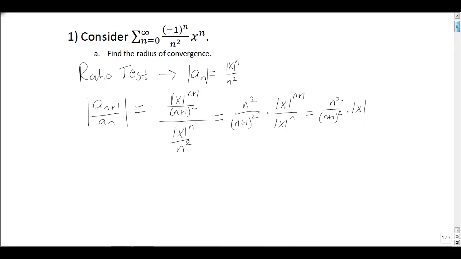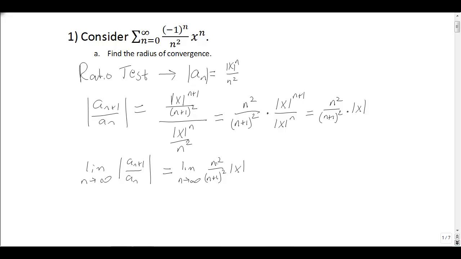And then what I'm going to do is take a limit as n goes to infinity of the absolute value of the ratio of consecutive terms of our series. So that's the limit as n goes to infinity of n squared over n plus 1 squared times absolute value x. N squared over n plus 1 squared is a rational function. Top and bottom are degree 2, so I'm going to divide their leading coefficients.